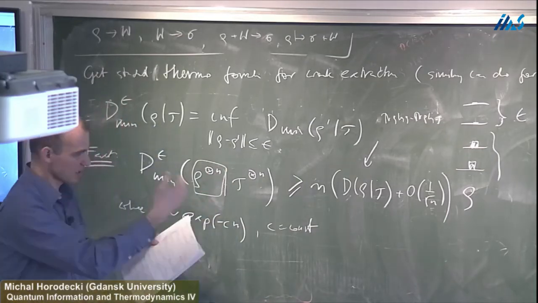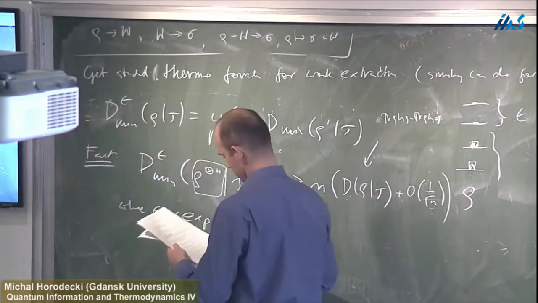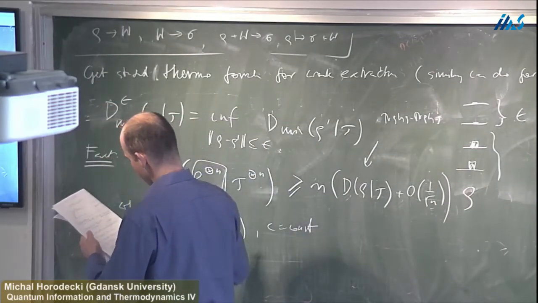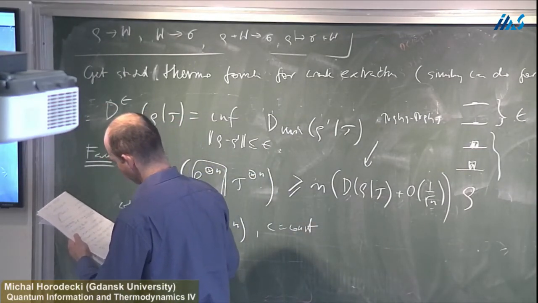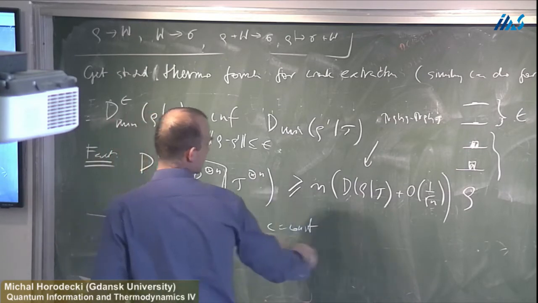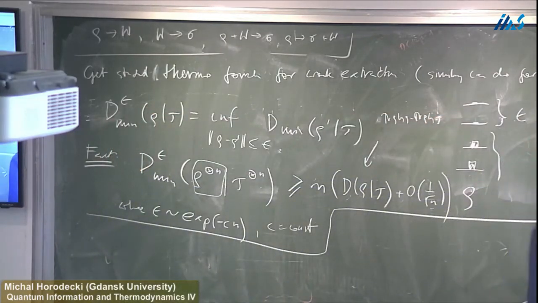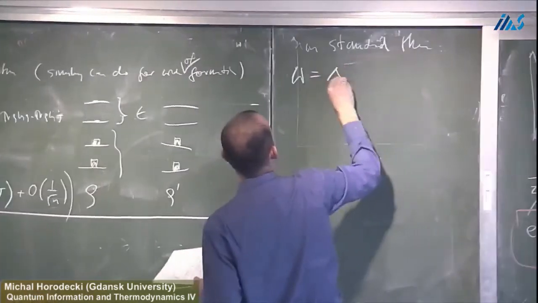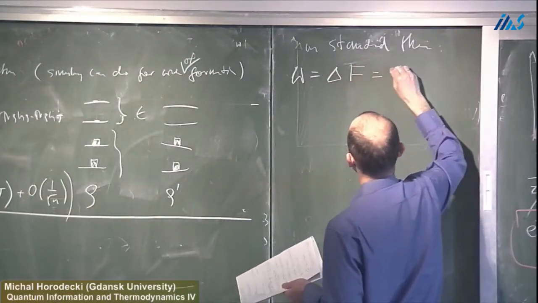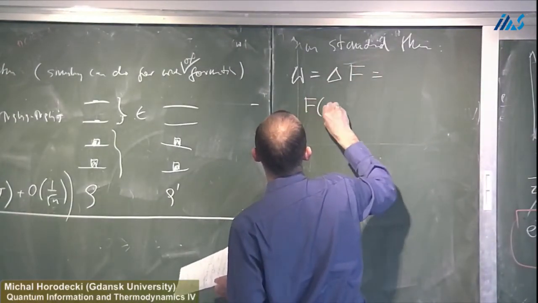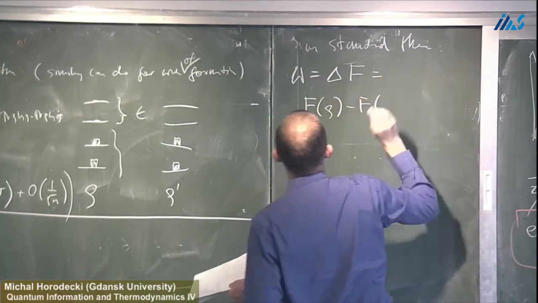Okay, so let me see that it's indeed what we expect in thermodynamics. So in standard thermodynamics, we know that the work is simply delta F. The original F is F of rho, and finally is F of Gibbs state.